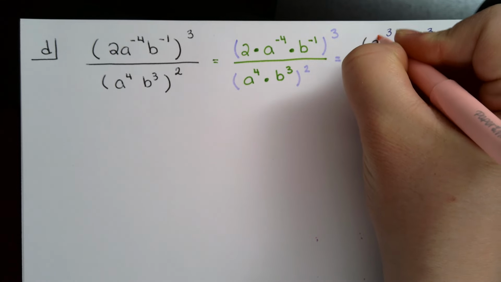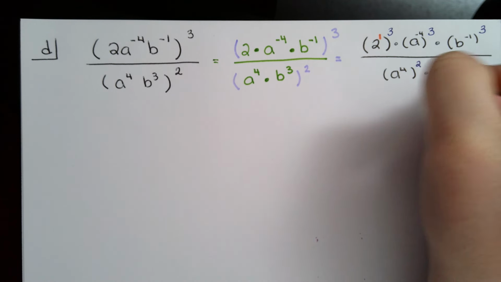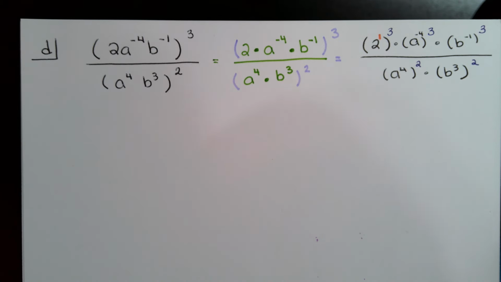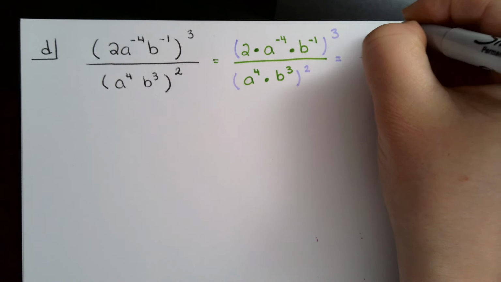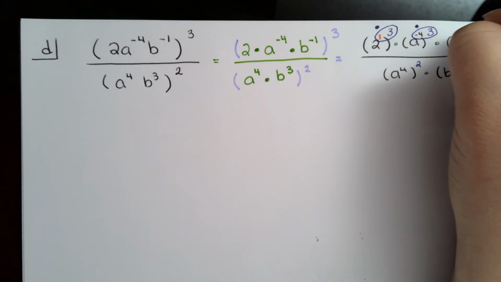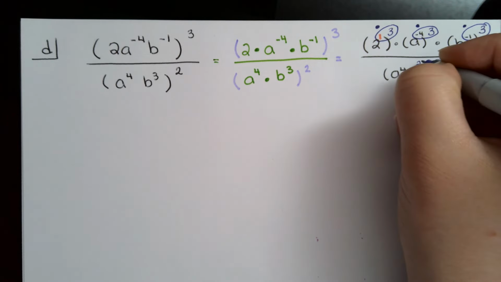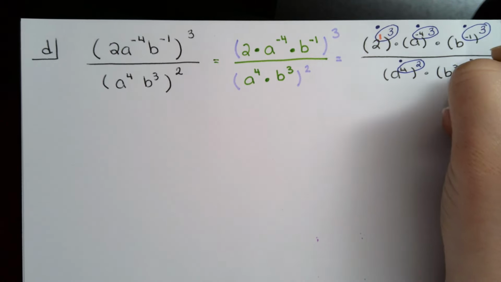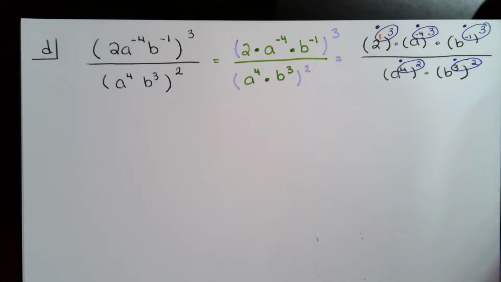If there is something missing, like this 1 on 2 that's missing, we're going to put in a placeholder. And then we are going to be multiplying our exponents together. So 1 and 3 gets a multiplication, negative 4 and 3 gets a times, and negative 1 and 3 gets a times, as well as 4 and 2 gets a times, and 3 and 2 get a times.